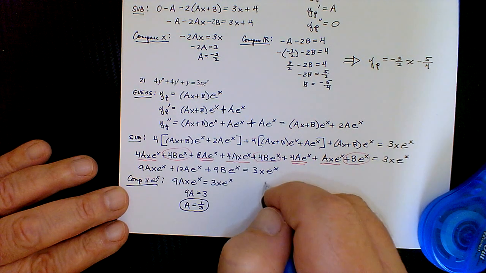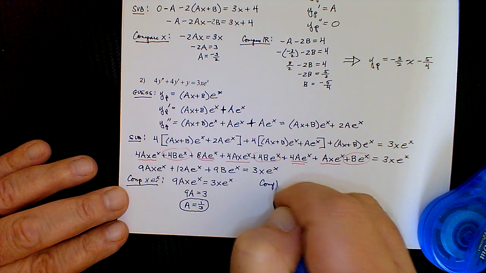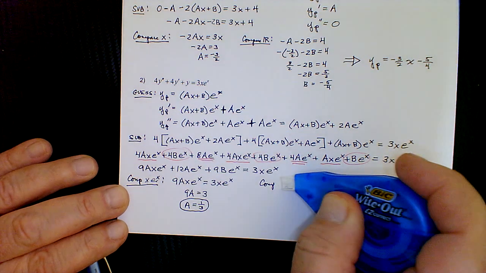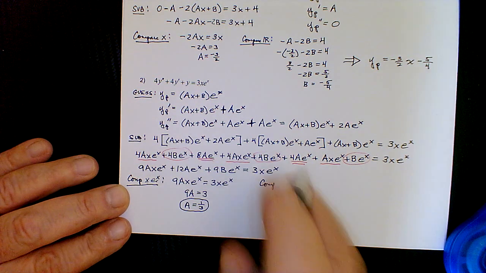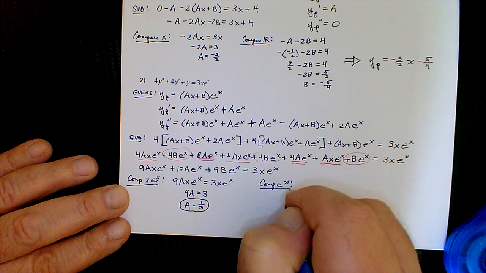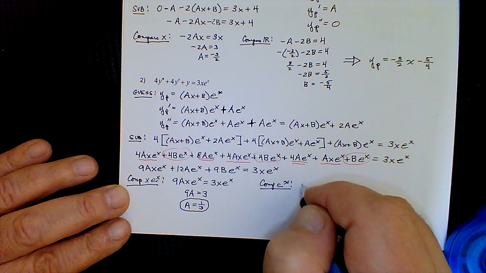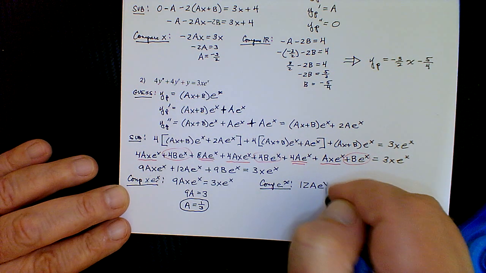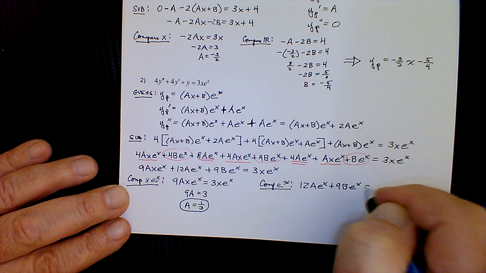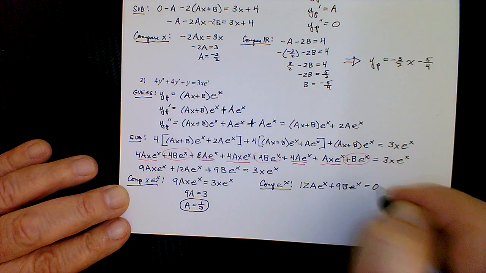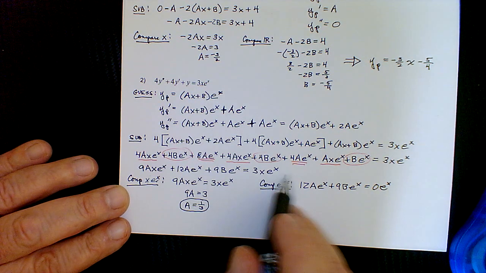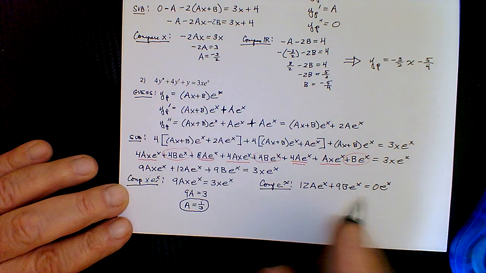Okay, and then we'll compare the e to the x terms. And we get 12a e to the x plus 9b e to the x equaling 0 e to the x, because there aren't any just e to the x terms on that side.